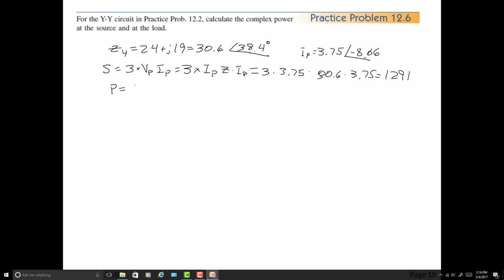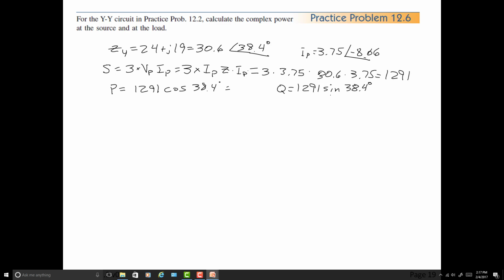The P would be 1291 times cosine of 38.4 degrees. And Q should be, we'll leave an equal for that. Q will be 1291 times the sine of 38.4 degrees.